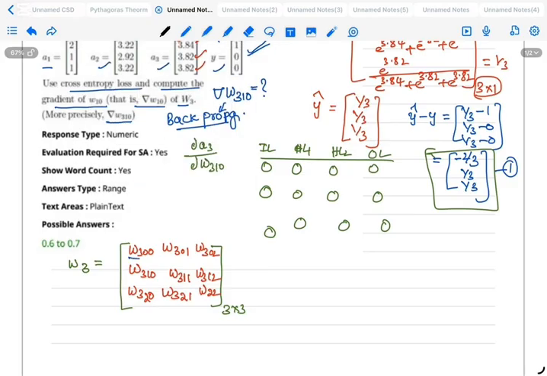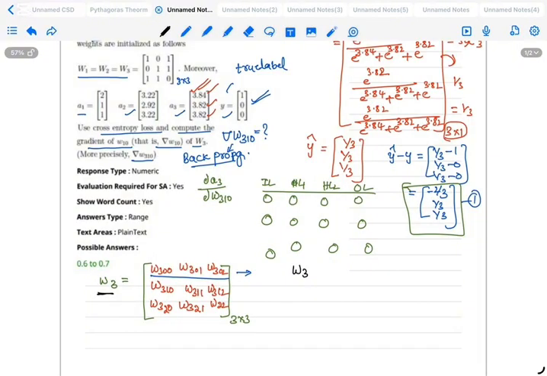See, in W300, for example, the first 3 represents the third layer.